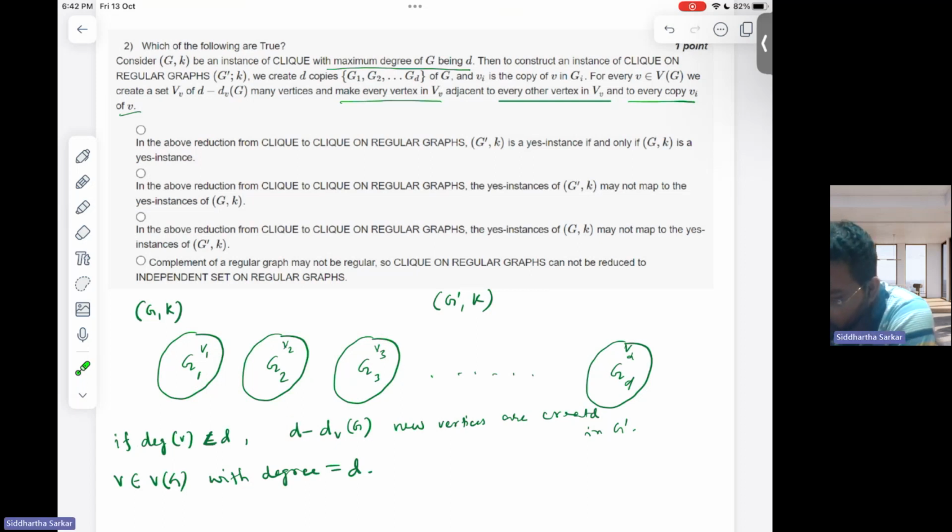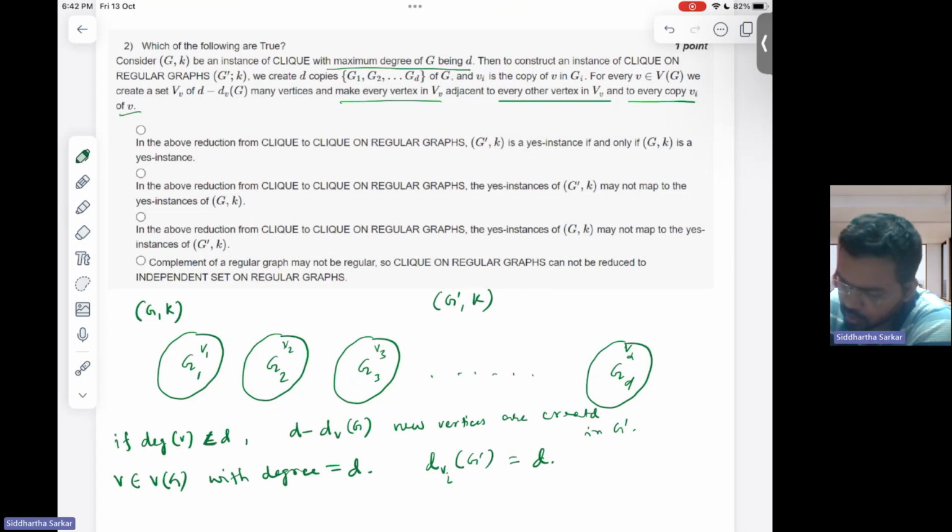So for each of the copies of v, the degree remains d only. The degree of v_i in G' remains d.